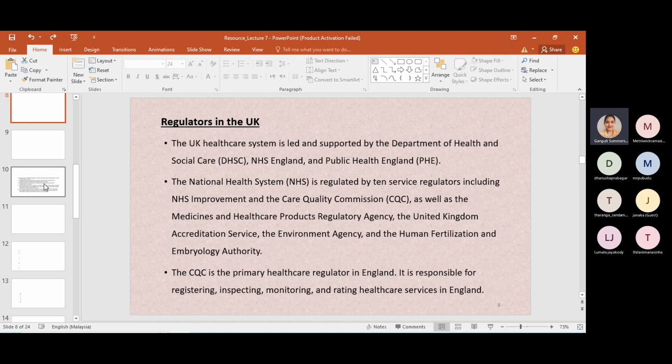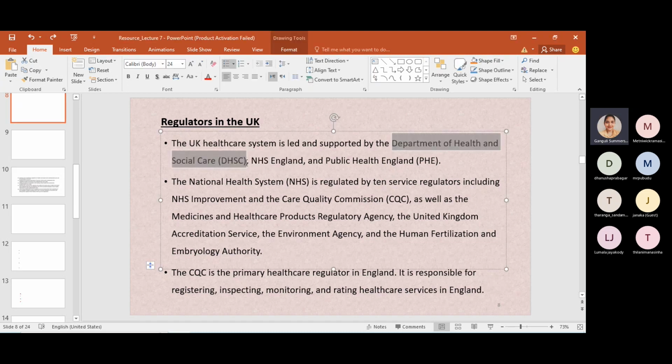The UK healthcare system is supported by the Department of Health and Social Care, DHSC. It is led and supported by these entities: Department of Health and Social Care, NHS England, and Public Health England, PHE.